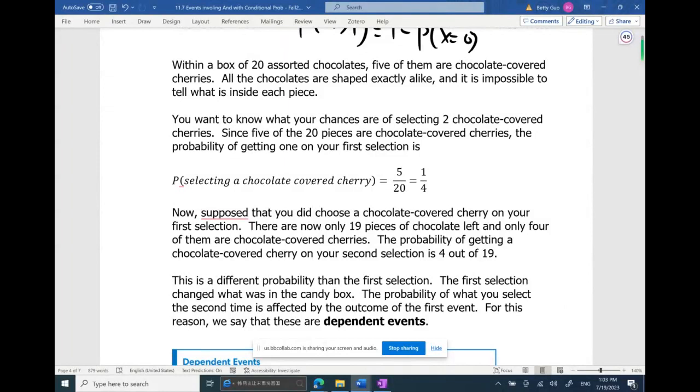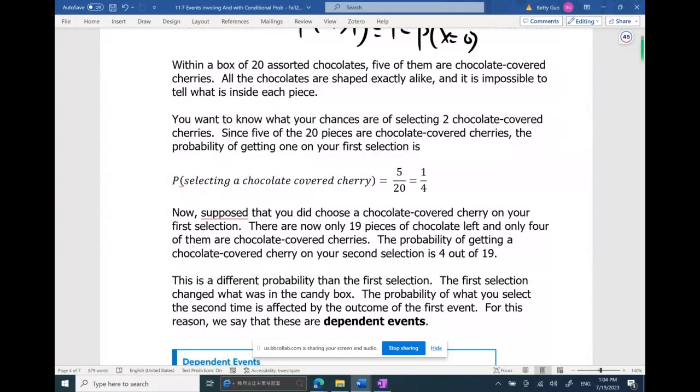So this is an example, right? We have the answer already provided. Since we already started, we can continue. You want to know what your chances are of selecting 2 cherry flavored chocolates. Since 5 of the 20 pieces are chocolate-covered cherries, the probability of getting 1 on your first selection is 5 over 20.